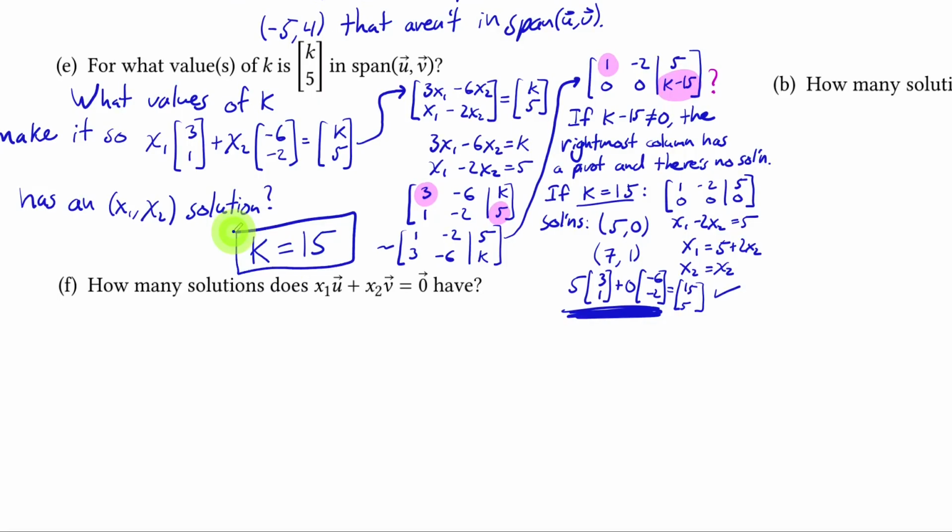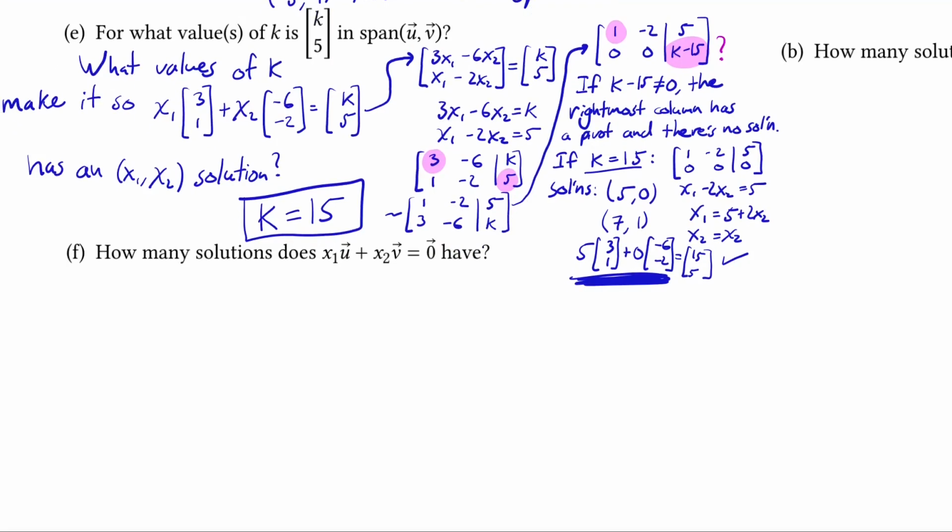Okay. Let's think. How many solutions does x1u plus x2v equals 0 have? Well, we can do the same thing we just did, rewriting this as x1 times 3, 1 plus x2 times negative 6, negative 2 equals the 0 vector.